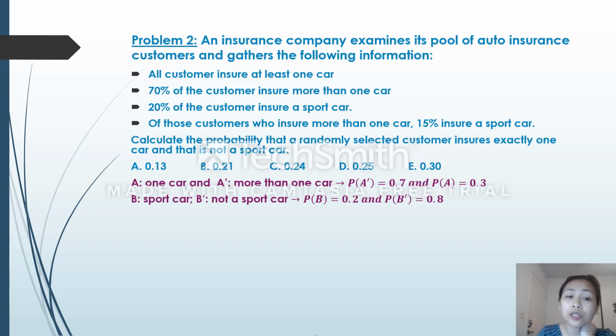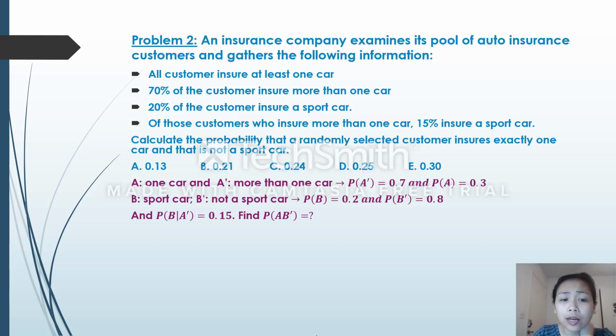Now the last piece of information you have to pay attention to: of those customers who insure more than one car, 15% insure sport cars. This is a given-event type of question. Given the customer insures more than one car, 15% insure a sport car. So probability of B given A prime is 0.15, because insuring a sport car is event B, and insuring more than one car is event A prime.